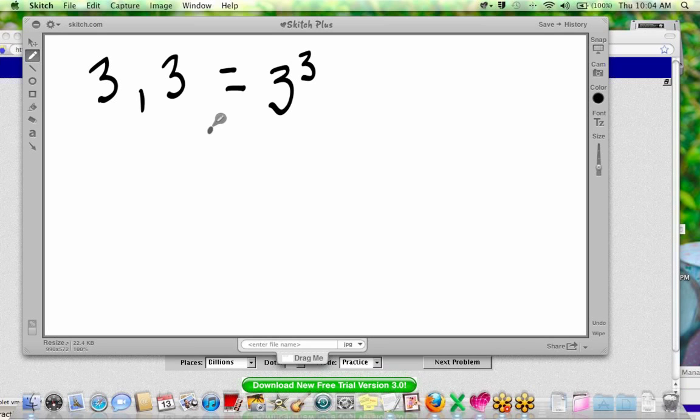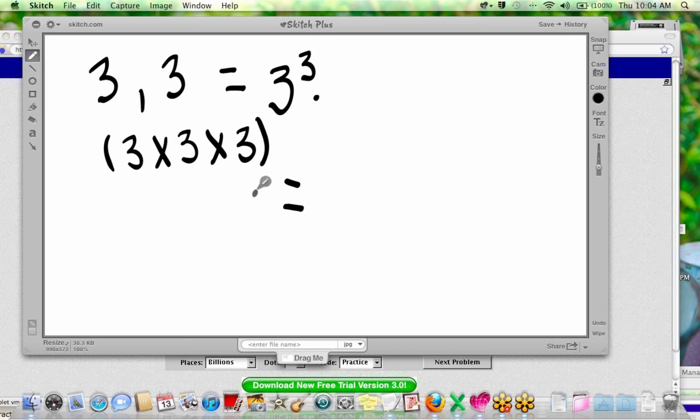Good. I'm seeing a lot of you write that in your chat to me. So this is exponential notation. Now let's write it in expanded form. Okay, that's expanded form. Now standard form is going to be the answer. Kaylee P. or Christian, do you have the answer to 3 times 3 times 3? You could turn your microphone on or chat it.